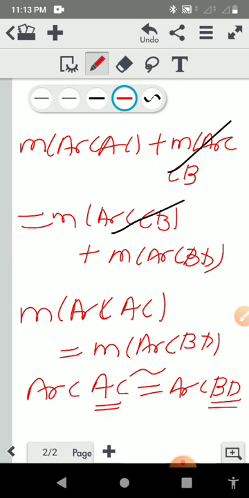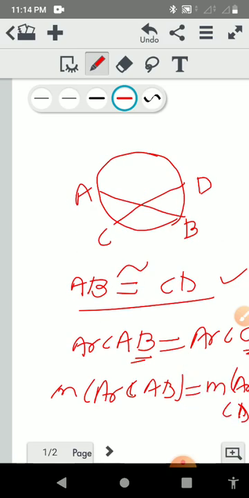So in this way, first I wrote what is given: chord AB and chord CD are congruent. If chords are congruent, the corresponding arcs of congruent chords are also congruent. Based on this, measurement of arc AB equals measurement of arc CD.